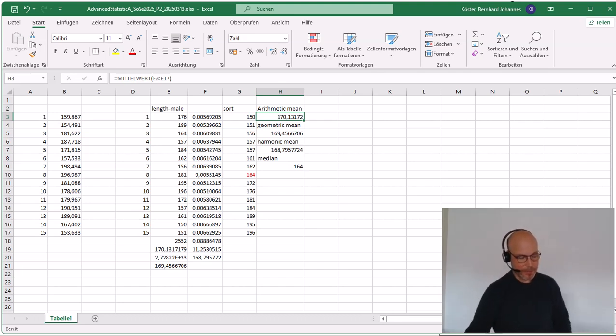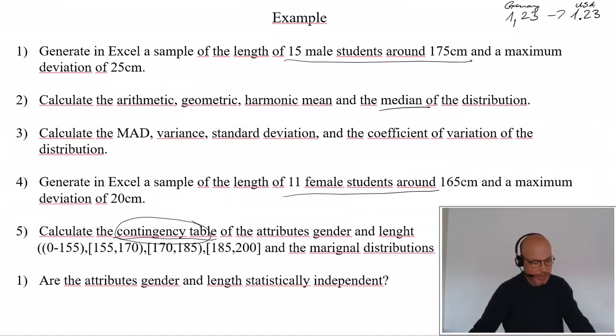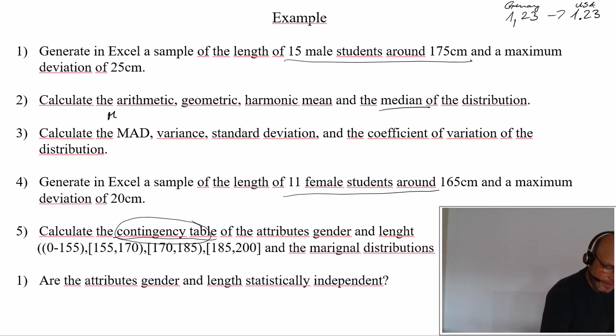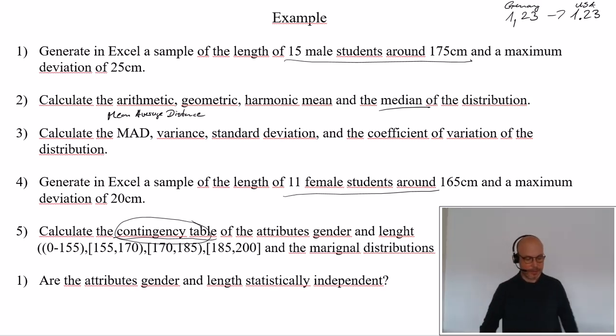Okay, but in order to examine the shape of our distribution in a more detailed way, we now go to the measures to calculate: the MAD, the mean average distance, the variance, the standard deviation, and the coefficient of variation.